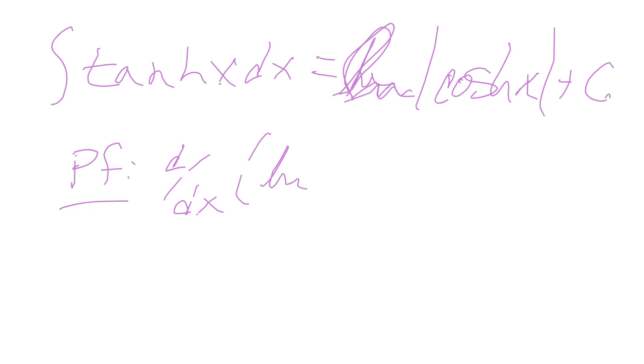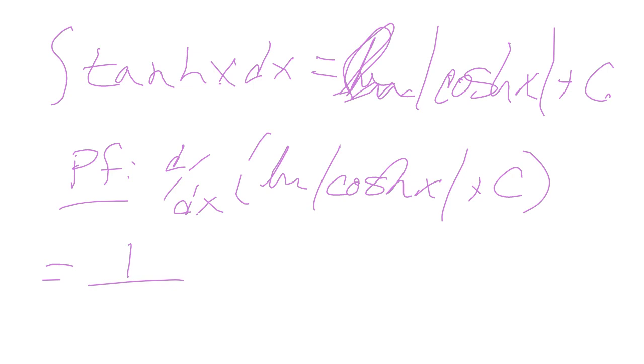So the derivative of the natural log of the absolute value of cosh x plus c is, of course, the derivative of the natural log of anything is 1 over that, right? So the derivative of the natural log of the absolute value of u is 1 over u. So it's 1 over cosh x times the derivative of what's inside by the chain rule, right?